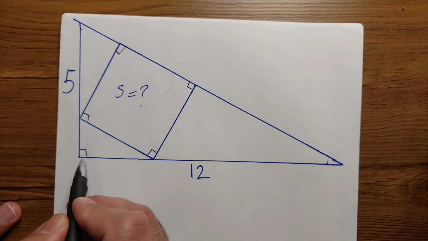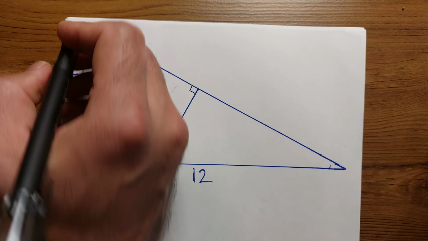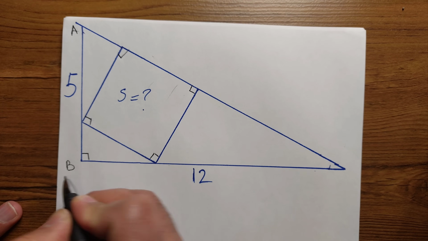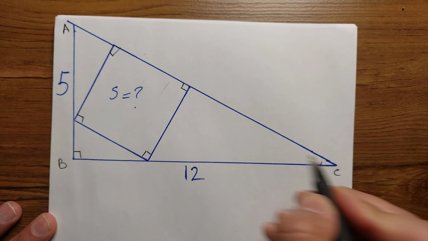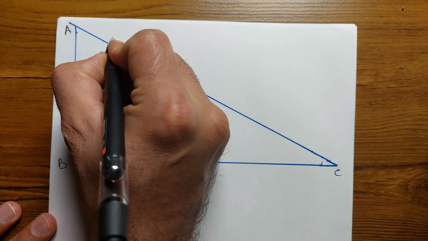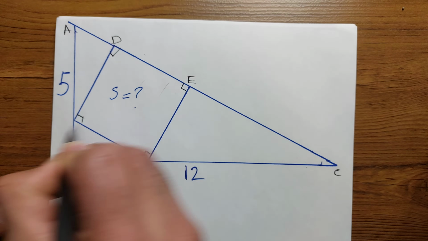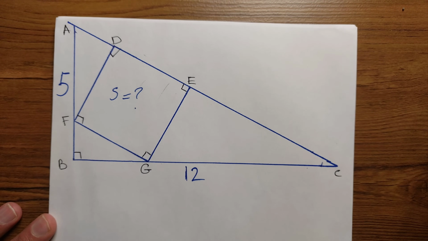So let me name this triangle first. Let's put this vertex as A, this vertex is B, this vertex is C, and the vertices of the square D, E, F, and finally G.